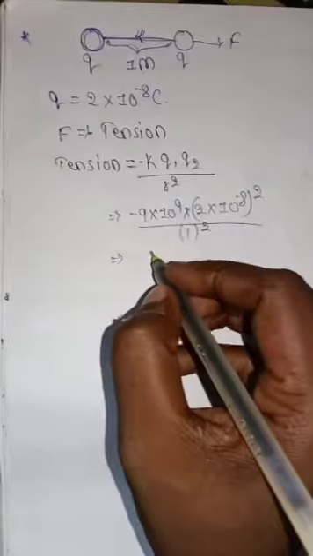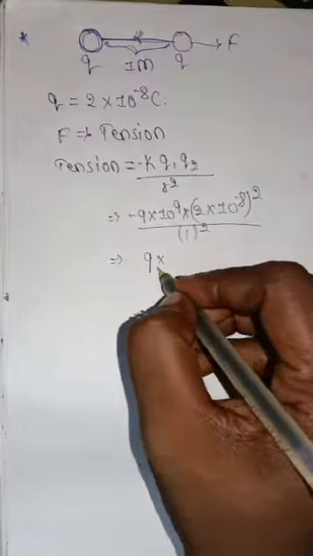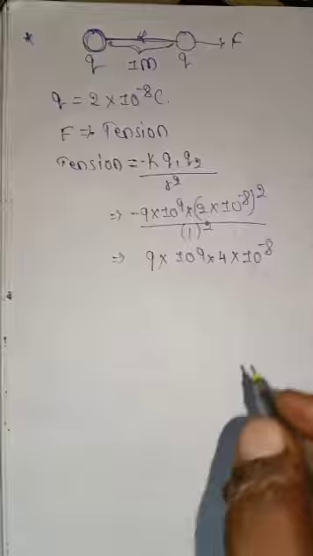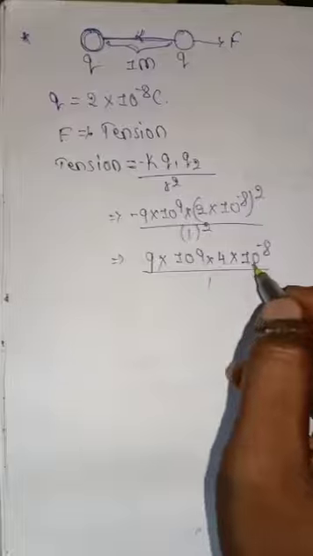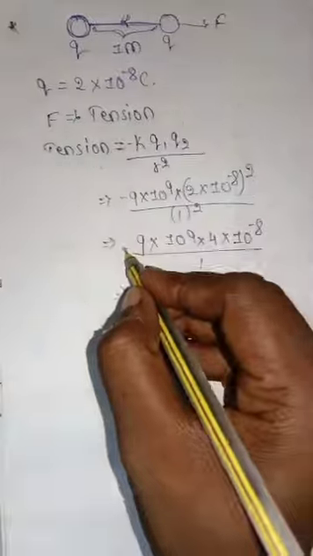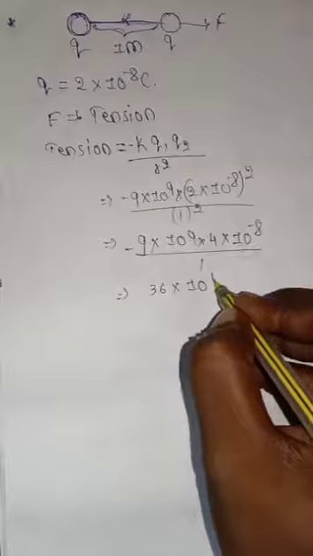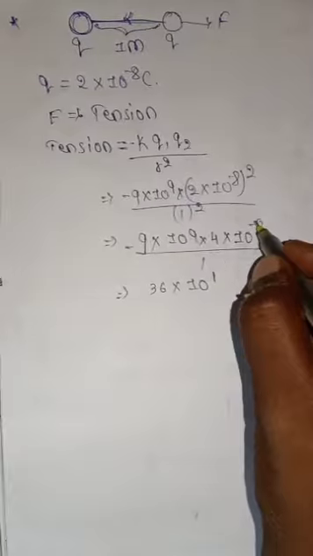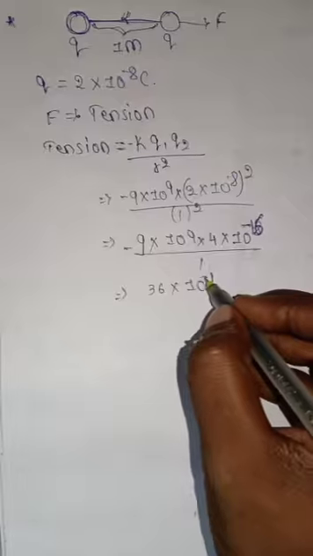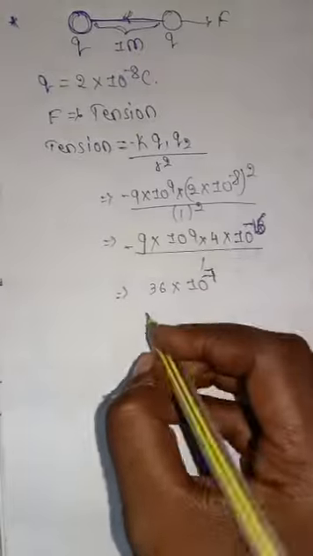So 9 × 10^9 × 4 × 10^-16 divided by 1. That gives 36 × 10^-7.